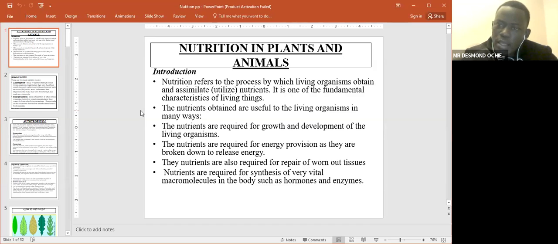So nutrition enables organisms to acquire, and once they have acquired, they make use of the acquired nutrients within their bodies. The nutrients obtained by living organisms are useful in very many ways. Number one, the nutrients are required for growth and development of the living organisms.